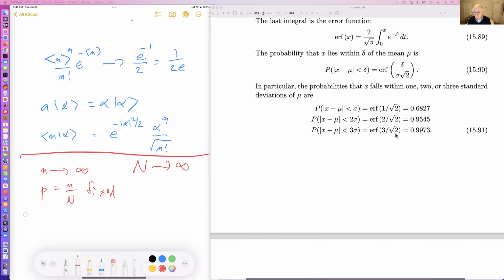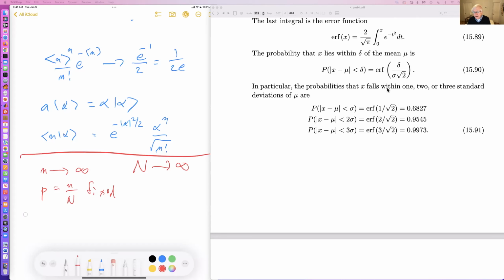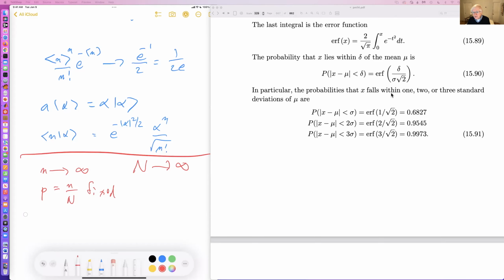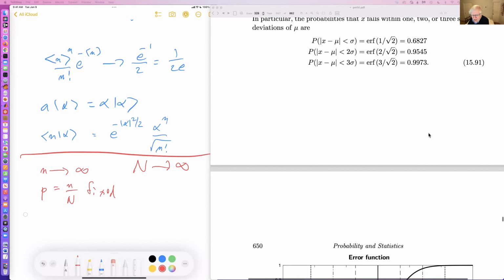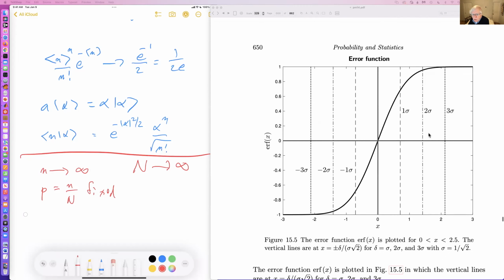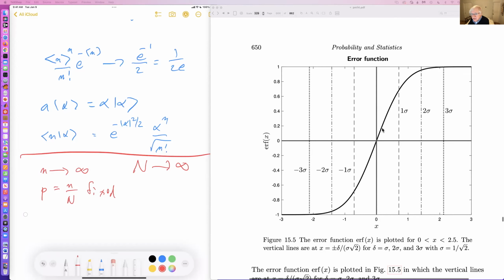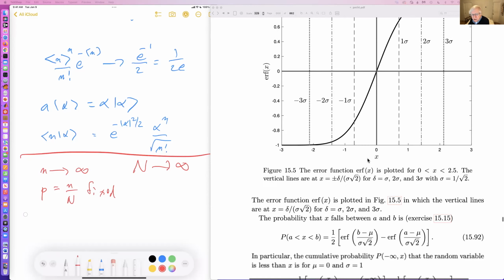And when you do that, then you have ERF of 1 over root 2, ERF 2 over root 2, ERF 3 over root 2. So it's 2/3 in one case, and then it's 95%, and then it's almost 100%. And so here is the error function. And so you see the 2/3, 95%, and then essentially 100%.